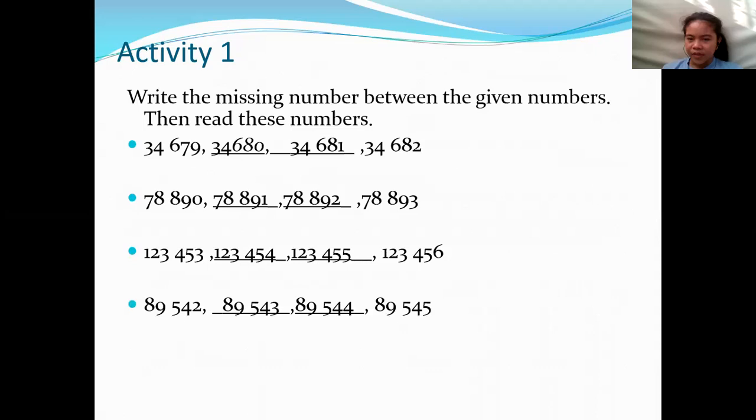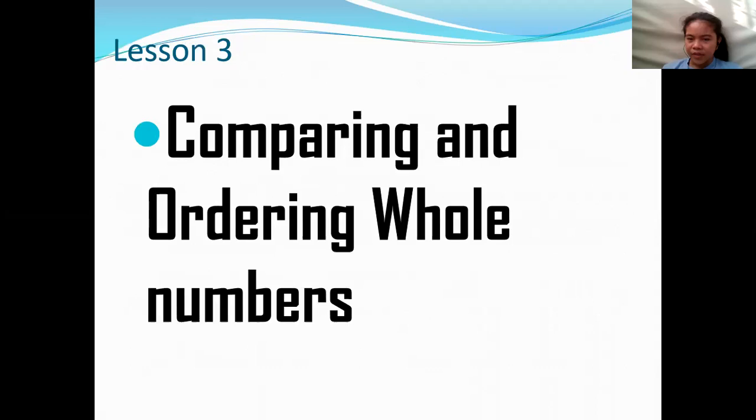The next numbers are 89,543 and 89,544. Next, 8,156. Okay, next numbers are 8,157 and followed by 8,158. Okay. So now, lesson 3, we have comparing and ordering whole numbers.